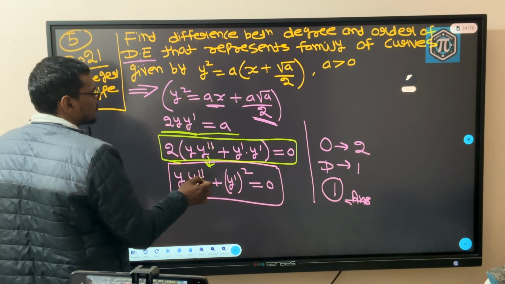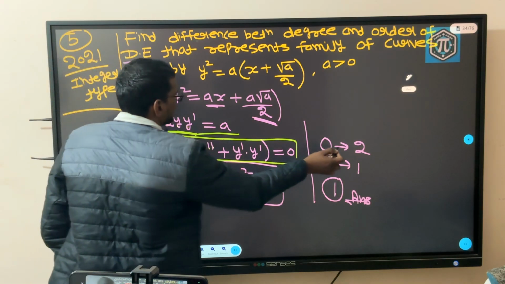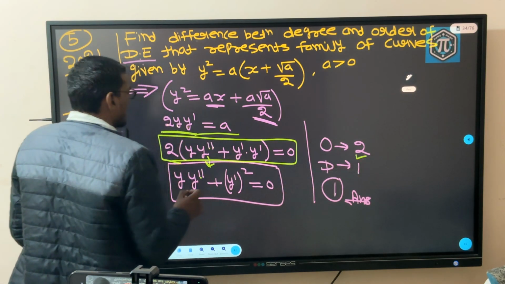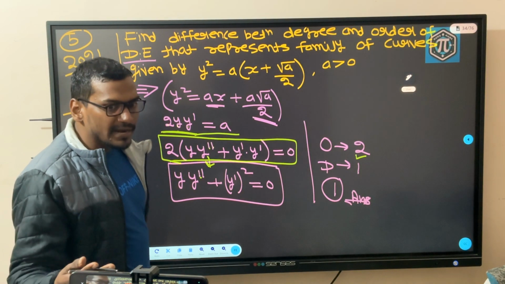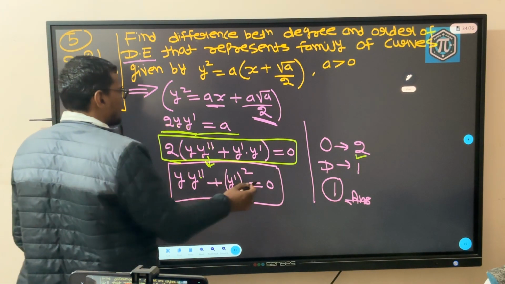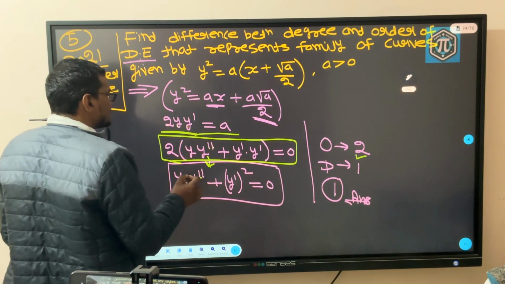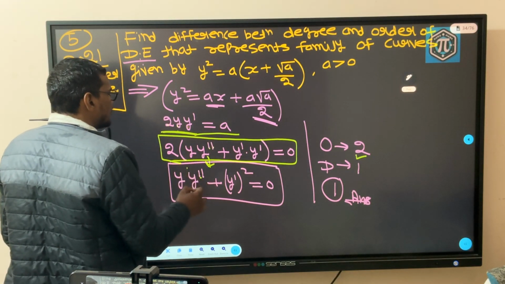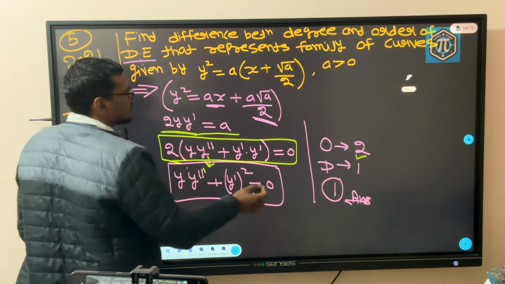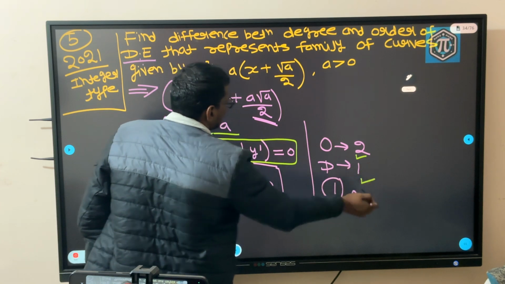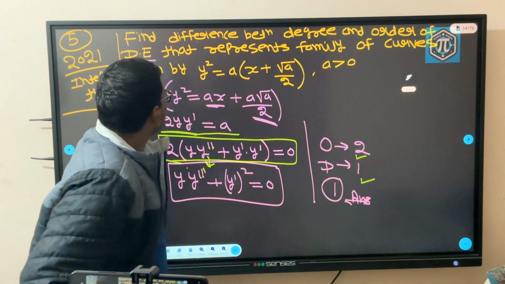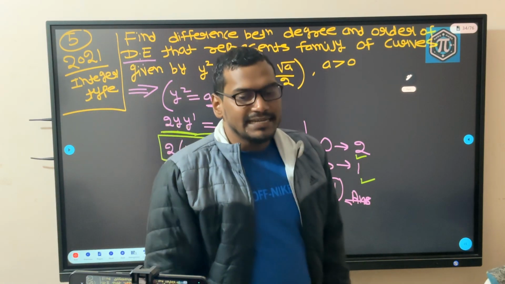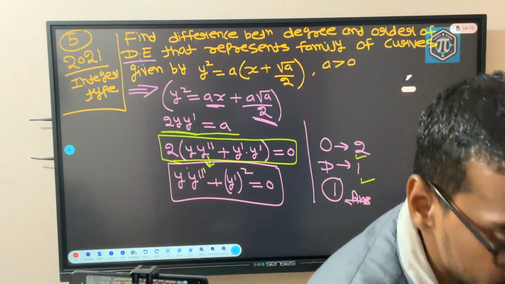Order is 2, because 2 is the highest number of times it has been differentiated. And it is already in polynomial form, free from radical fraction. So what is the degree of the highest order derivative? That is 1. So order 2, degree 1. That was your 2021 integer type PYQ.